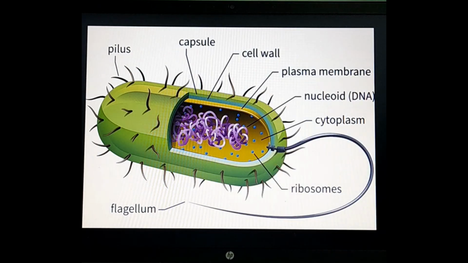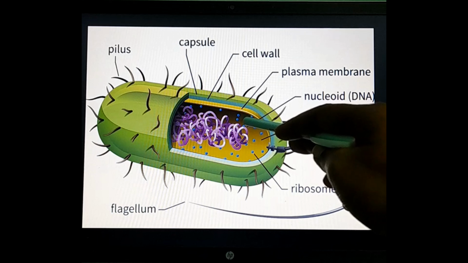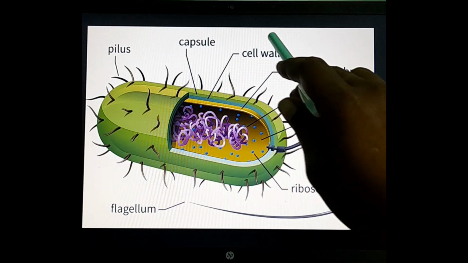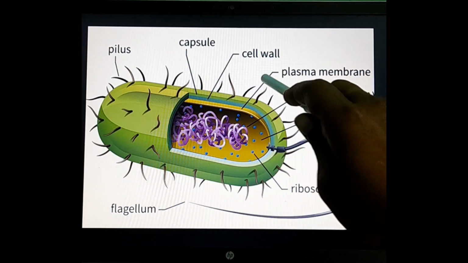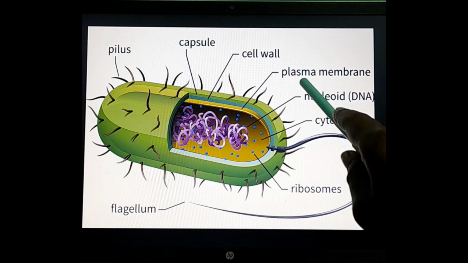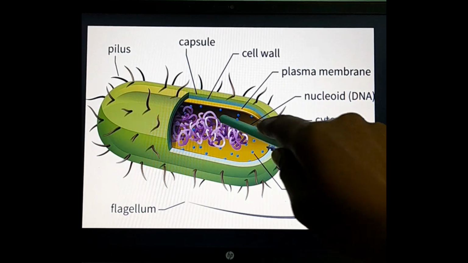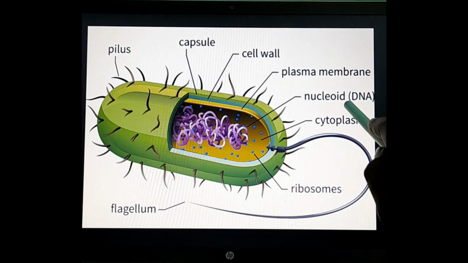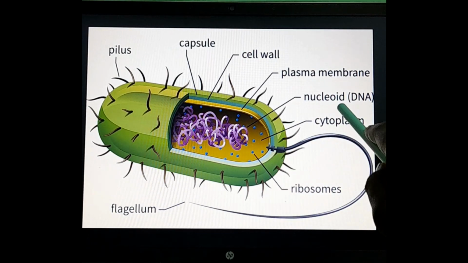Okay, so again I am repeating. Prokaryotes are generally covered by three layers: capsule, cell wall, and after that the plasma membrane, from outside to inside. Inside there is a nucleoid, that is the DNA of the prokaryote, called the nucleoid.